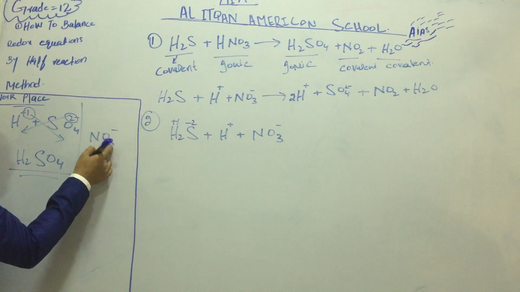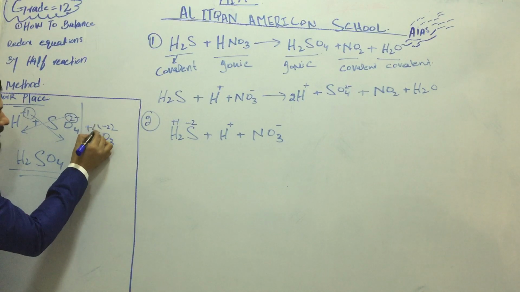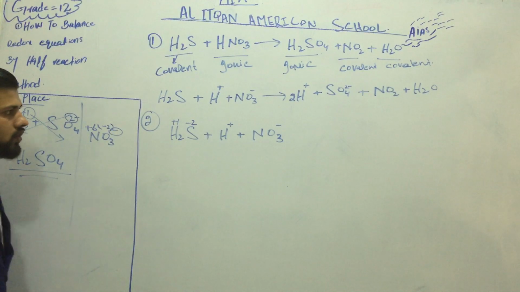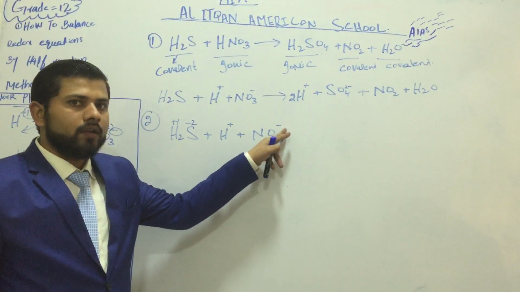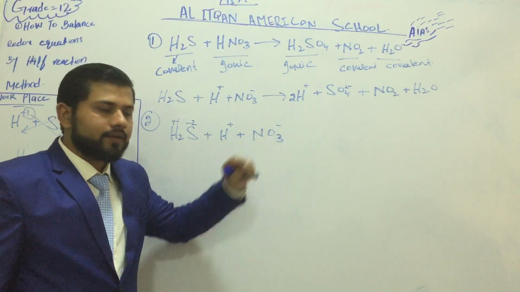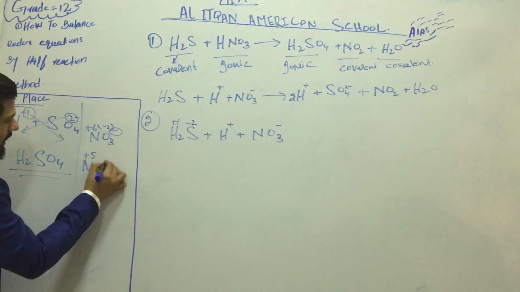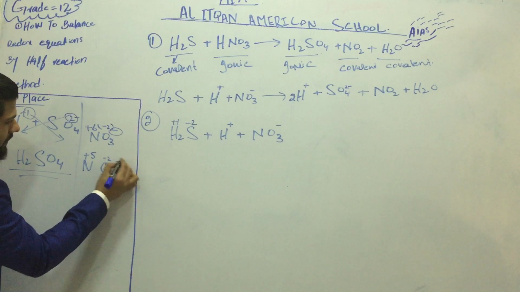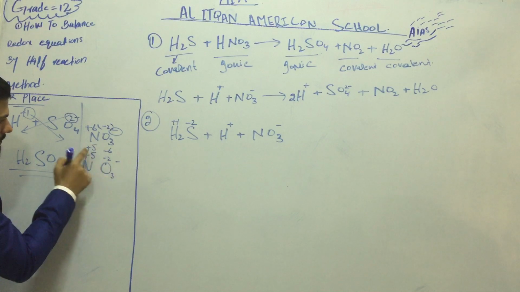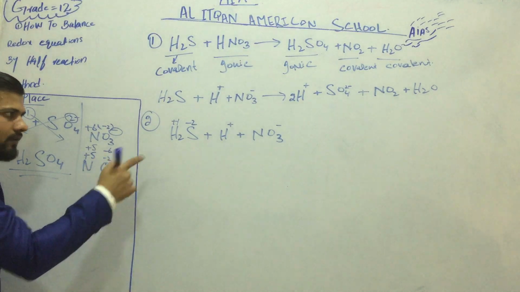You cannot make it +6 to balance, because there is an overall charge on this ion of -1. So you have to balance in such a way that you get -1 back. That's why you make nitrogen plus 5, and oxygen is 3 times -2, which is -6. Plus 5 and -6 give you -1 back, then it's balanced.